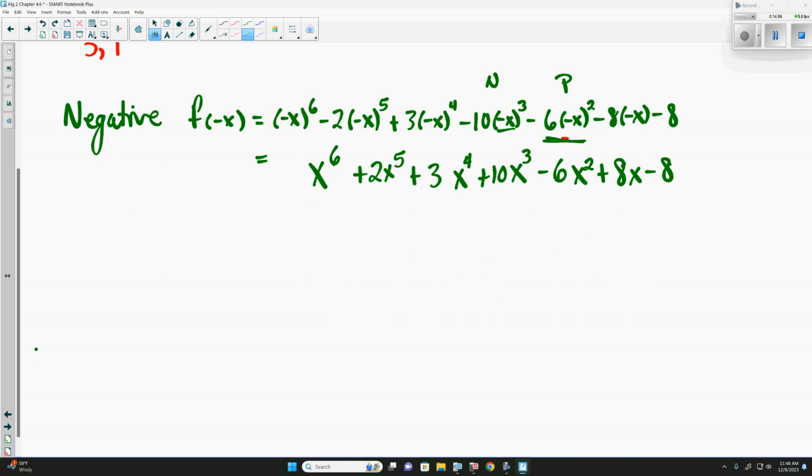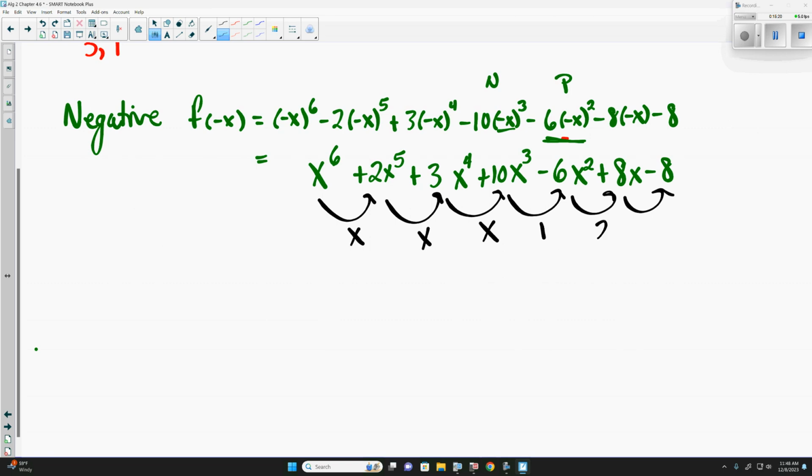Now, just like the previous time, we're going to go back through and count the number of sign changes. So x to the 6th to x to the 5th, no, positive to positive. 5th to the 4th, no, still positive, positive. 4th to the 3rd, no. 3rd to squared, to our first, x to our constant.